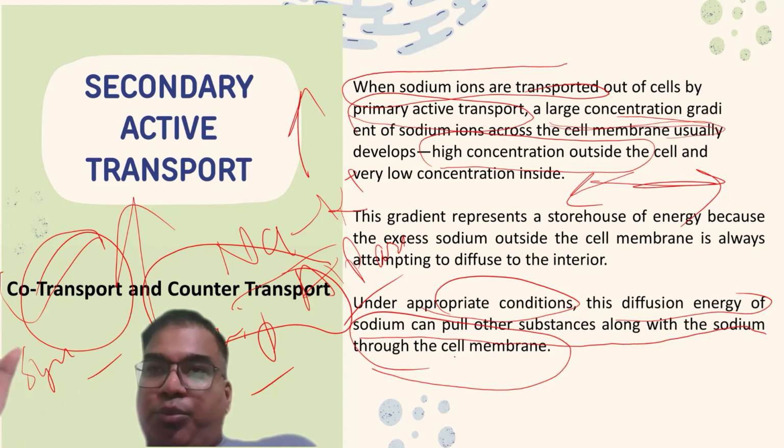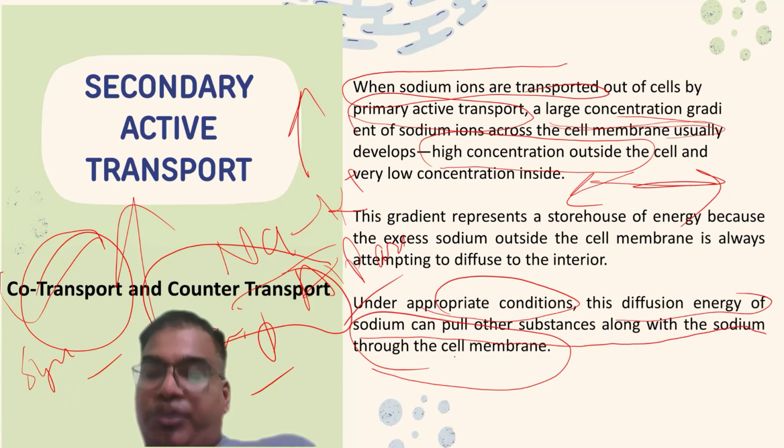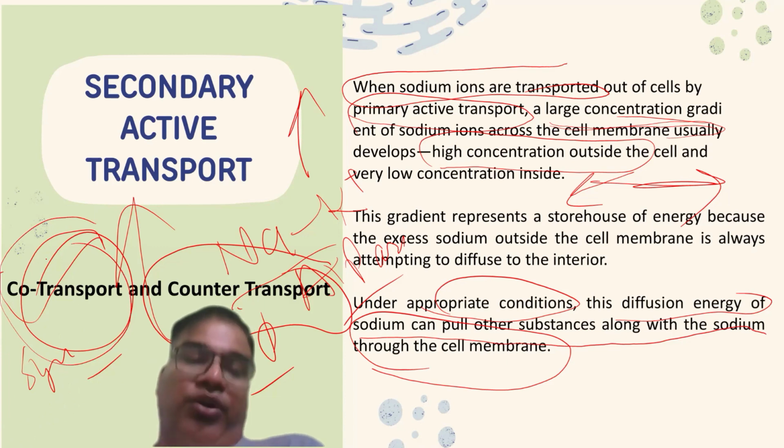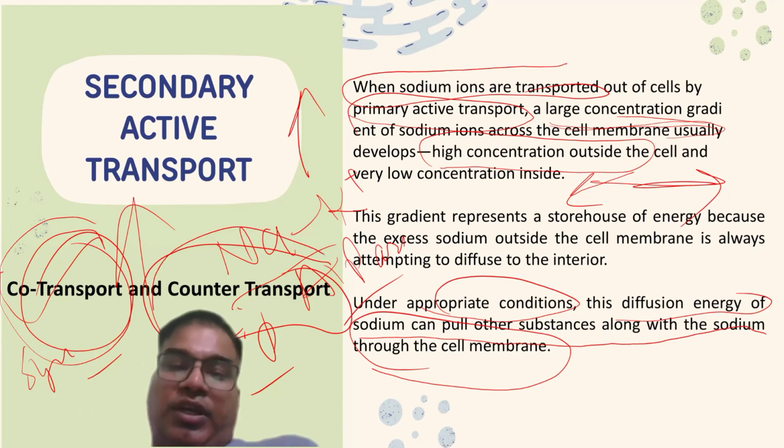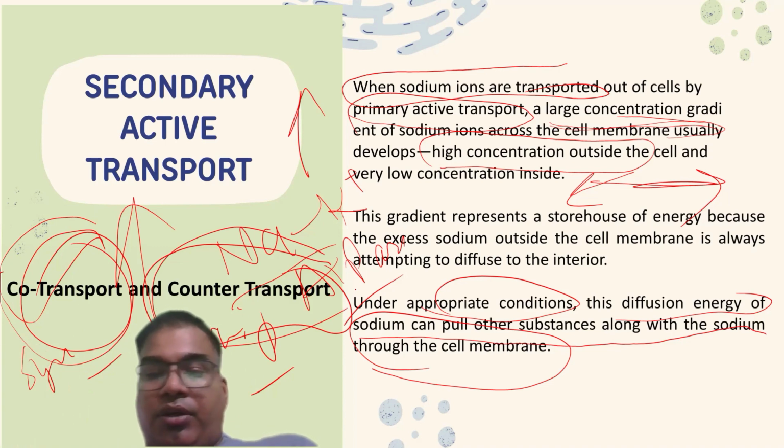This movement of sodium from outside to inside is responsible for the movement of another ion, which could be in a similar direction or in the opposite direction. If it is in the same direction, then it is called co-transport or symport, and if it is in the opposite direction, then it is called exchange, counter transport, or antiport.